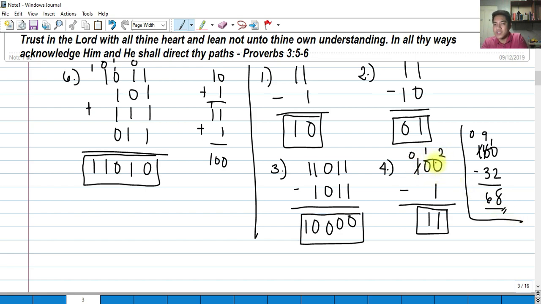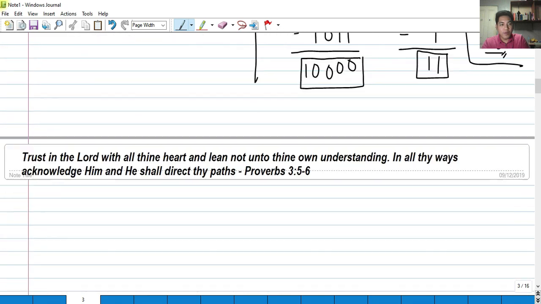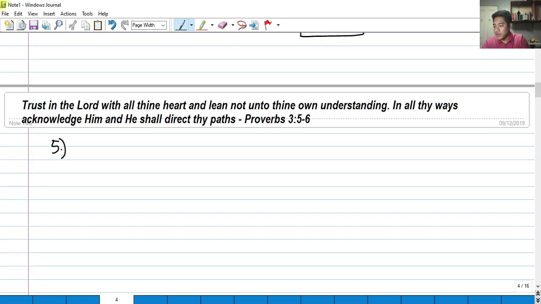So the same process we are applying in the binary system, wherein we're going to borrow 2 because, again, this is base 2. Alright, let's try another example for number 5. Let's try this problem.